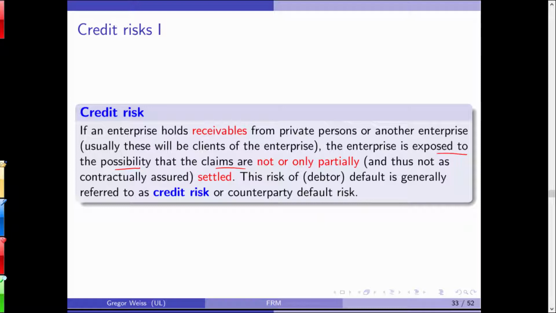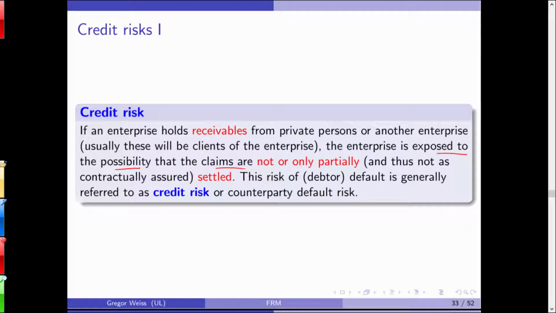If you go, for example, to MediaMarkt and you buy a TV on credit, you're not paying at the same time, but you are paying, even with a zero interest rate, the company faces credit risk. And this is why every industrial company, even if it is not in financial services, if it sells products on credit, has credit risk.